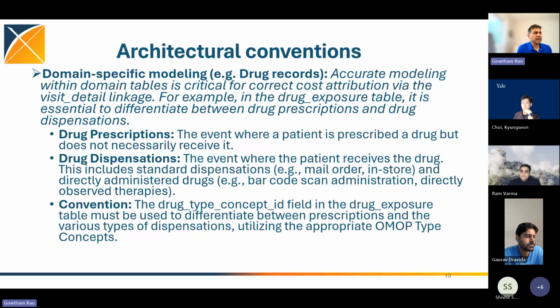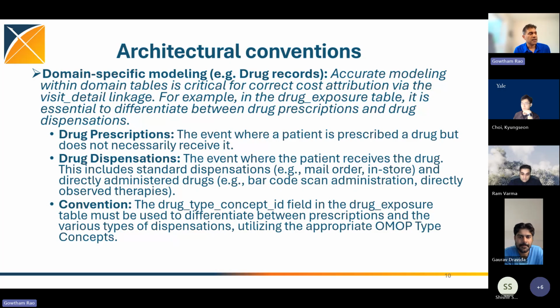But here we are not thinking about it that way because we're doing health economics and outcomes research. So in this case, every drug exposure record has a visit ID, even if the patient did not see a doctor. That visit occurrence ID will be represented by a visit concept ID, and that visit concept ID will say it's a pharmacy visit or some form of a pharmacy visit.